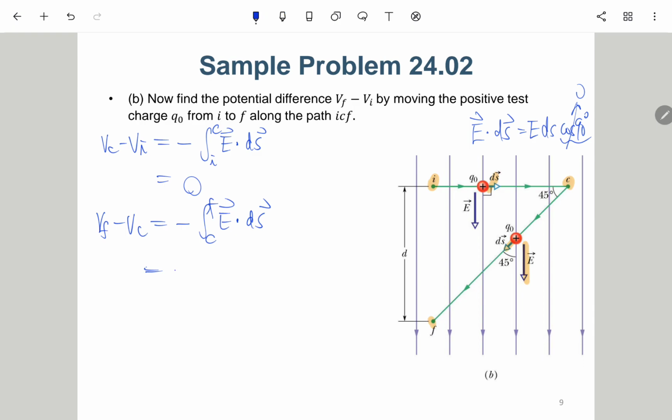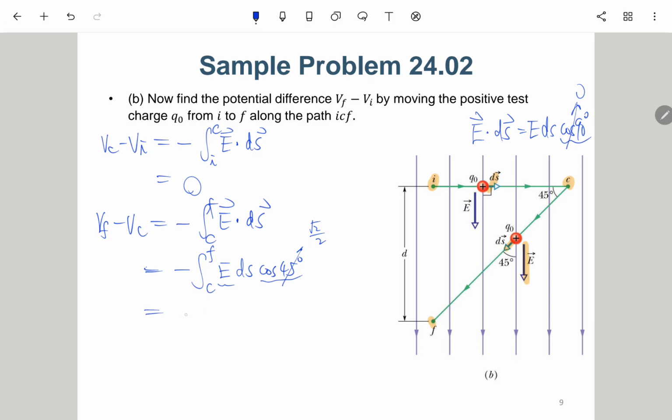So it is negative integration of E times ds times cosine of 45 degrees from C to F. Cosine of 45 degrees is square root of 2 over 2, and E is still a constant, so we can put it outside.